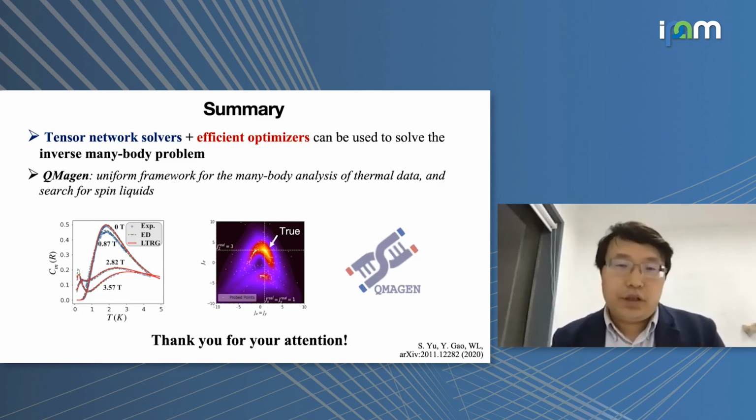But the key point is that you do not really need to solve the full many-body problem. If you can only solve a finite size down to high or intermediate temperature, you can already make the most of this tensor network calculation to give you a very good estimate of the interaction parameters in the compound.